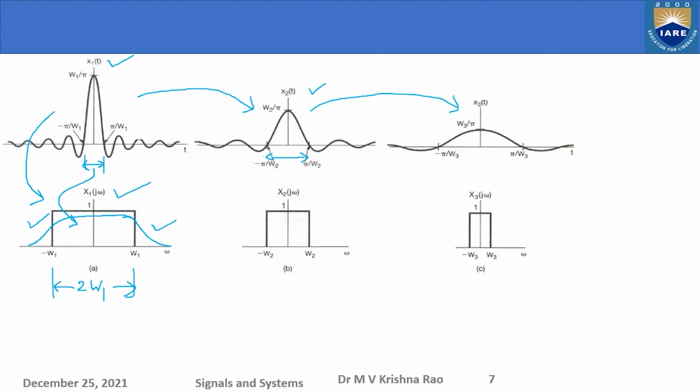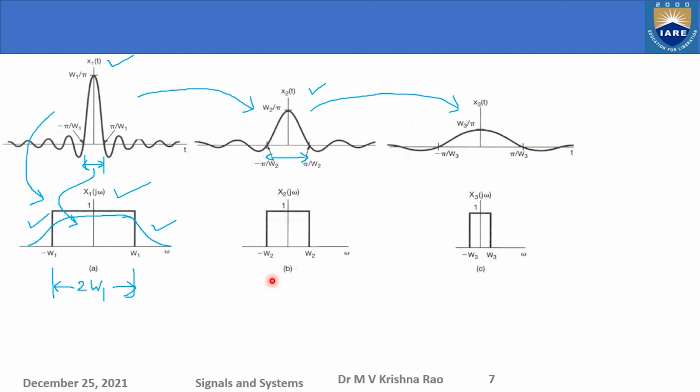So now what I have done here, I have expanded the pulse. By expanding the pulse in the time domain, the bandwidth is inversely proportional to the width of this pulse. So the box function width has come down.